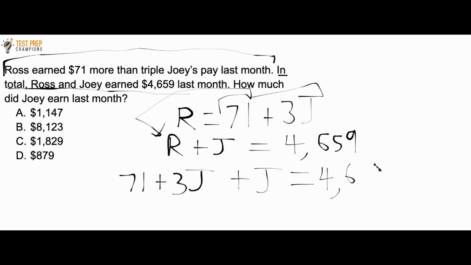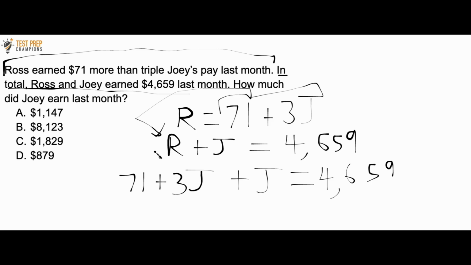There are multiple steps here, so I just want to recap what I'm doing. Again, I looked at the first sentence, and from that I wrote the equation R equals 71 plus 3J. Then I looked at the second sentence, and from that I wrote the equation R plus J equals 4,659.